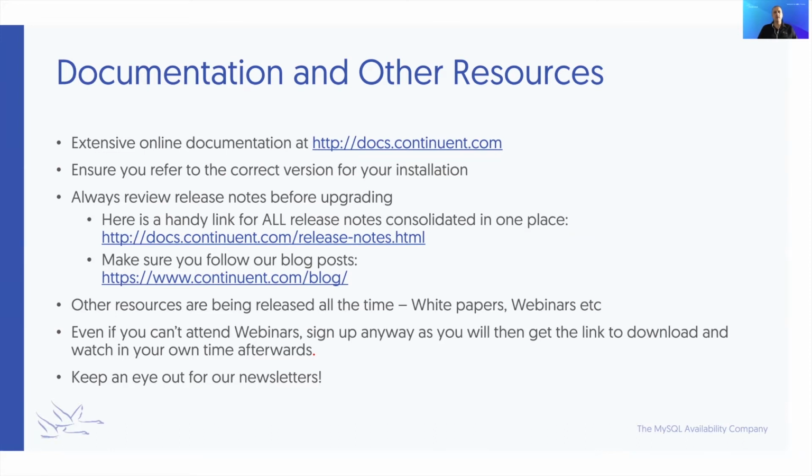What I do recommend though is that you make sure that you are referring to the correct version of the documentation that matches the version of the software you're using. Obviously, the docs will have some very specific information regarding features that may not necessarily be in the same release that you're using. So always just double check that the versions align.